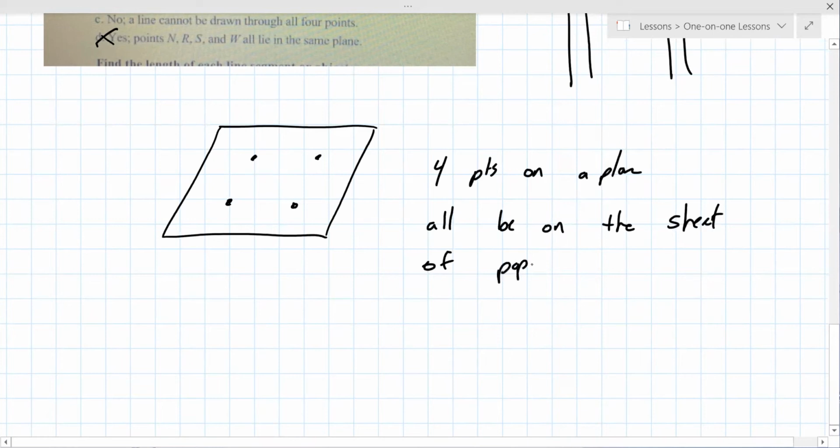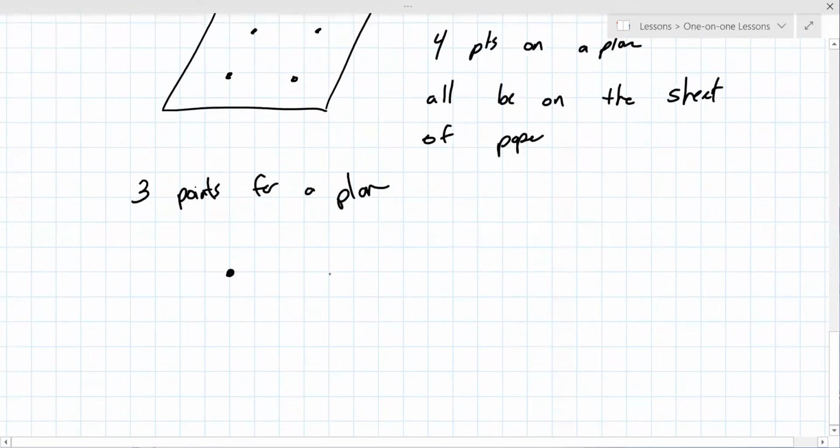The truth is, you actually only need 3 points for a plane. And here's the reason why. If I give you two points, you can only draw one line segment between them. If I give you 3 points that are on a line, you can only draw one line segment that goes through all of them.